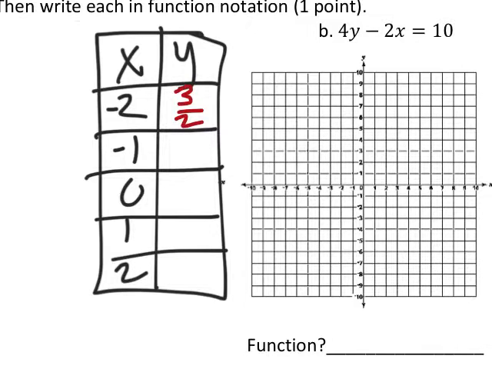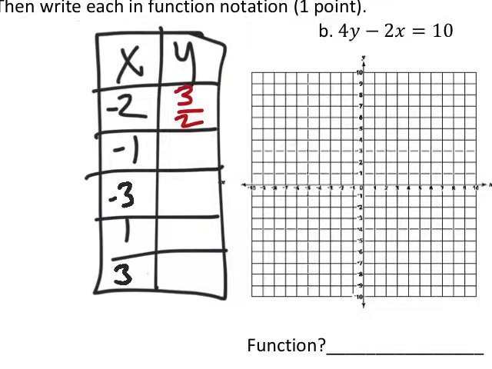So now that I know that, I can go down here to the bottom, and instead of 2 and even 0 like this, I'm going to use different values, okay? So I'm going to try a -3 and then a +3 in place of those. And the only reason I'm doing that is because I have a fraction. You don't have to. It's up to you. Just be careful with where you graph those halves, okay? Because some people get those mixed up.